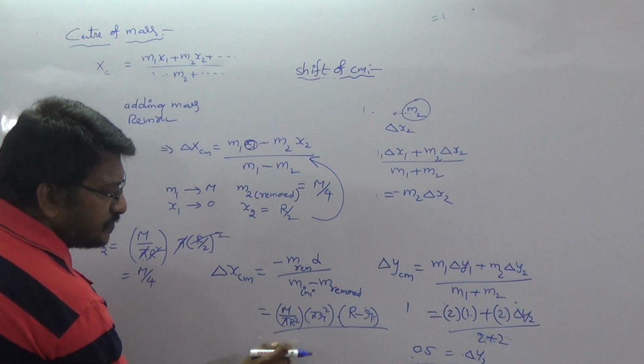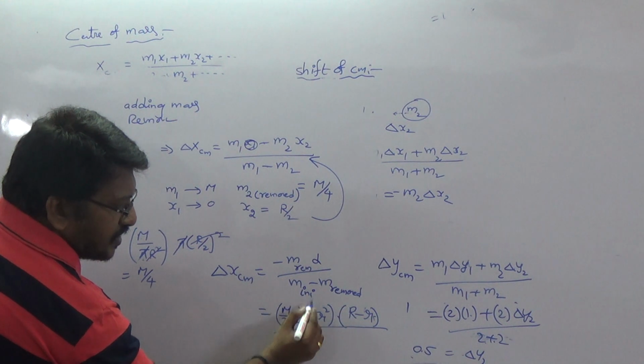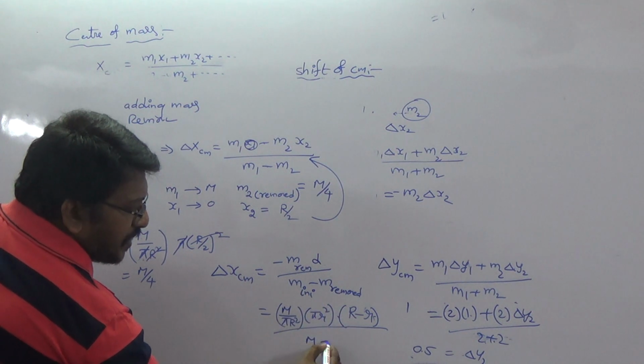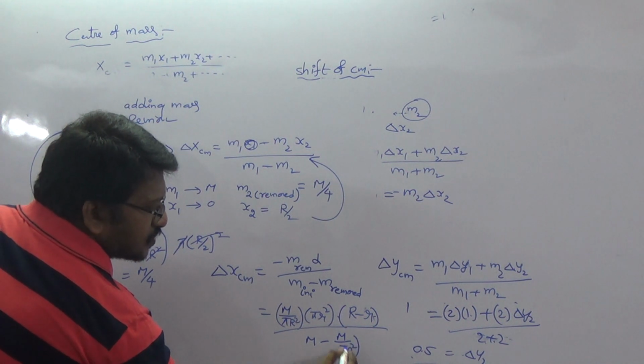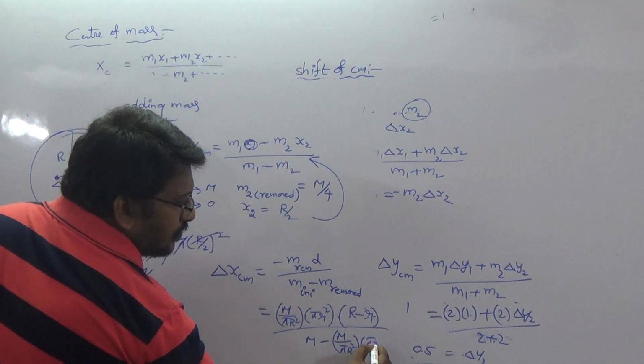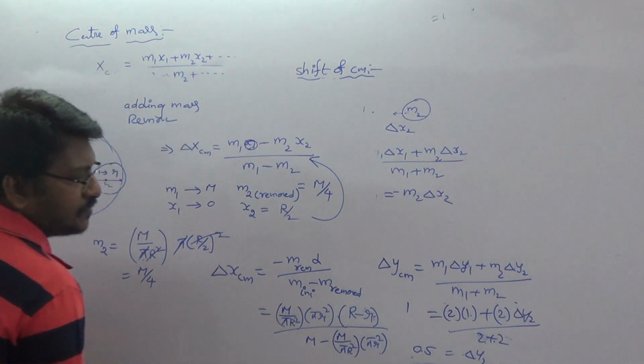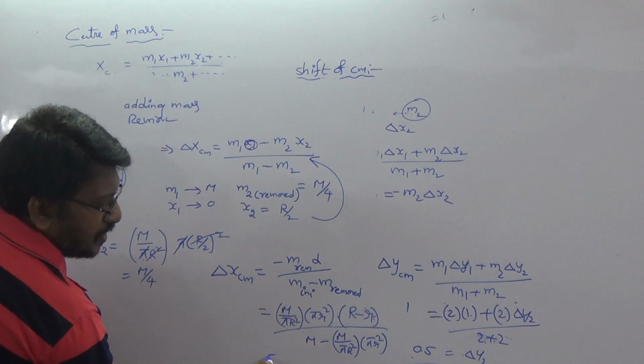Or you can write it as the mass of the initial body minus the mass of the removed body: m by pi capital R square into pi capital R square, minus m by pi capital R square into pi small r square. Take out m common.